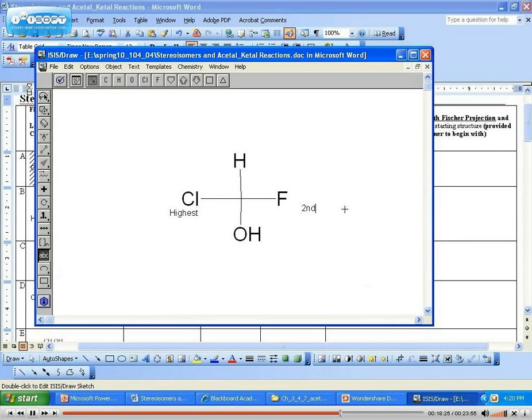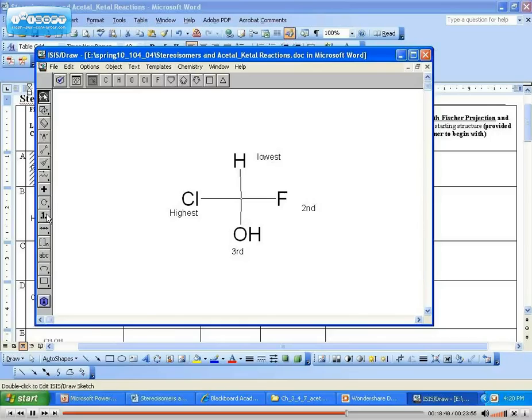Fluorine would be second. Oxygen would be third. And then the hydrogen would be the lowest based on atomic number. Notice we're looking at the atoms directly attached to the carbon. There is no tie, so this one's fairly straightforward.